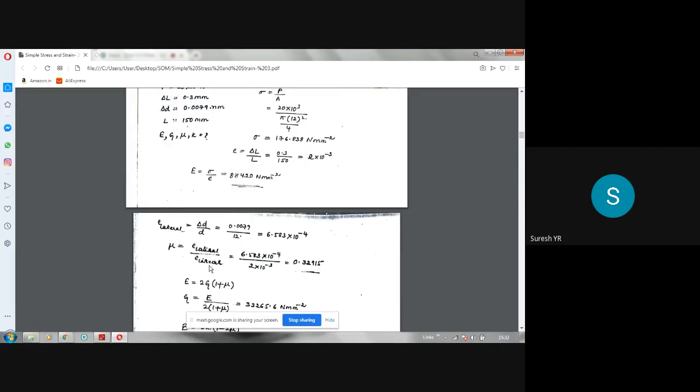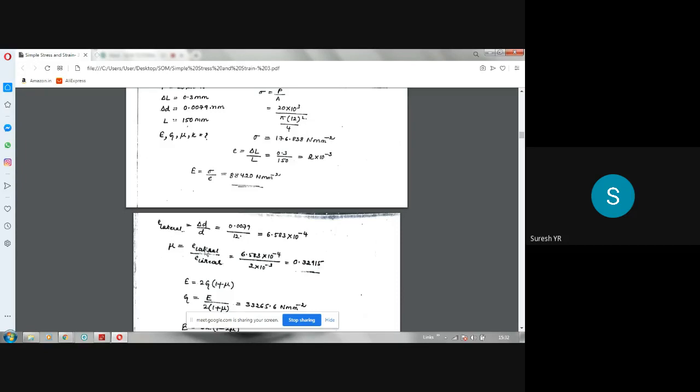What I have done here is, when using the generalized Hooke's law, I have taken the strain as E, whereas when using just Hooke's law, I am taking it as epsilon. So here you can write it as epsilon. Epsilon lateral or E lateral, both are the same because it is a unidimensional stress system. So stress is acting in only one direction.